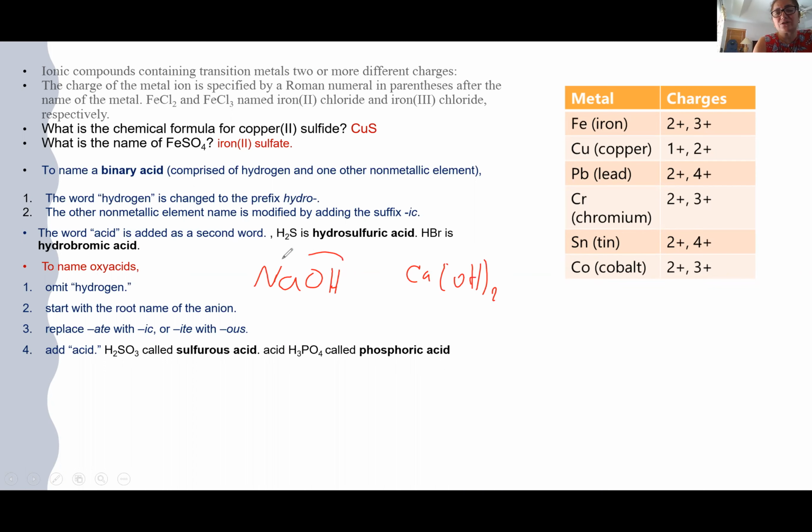So if you see hydroxide and metal, that's a base, and that's for group 1 and 2. When you name it, you just say the metal and then hydroxide: sodium hydroxide, calcium hydroxide. You don't have to worry about 2 or 3 or others, because we know that hydroxide is 1- and calcium is 2+, so you must use 2 of the hydroxides.